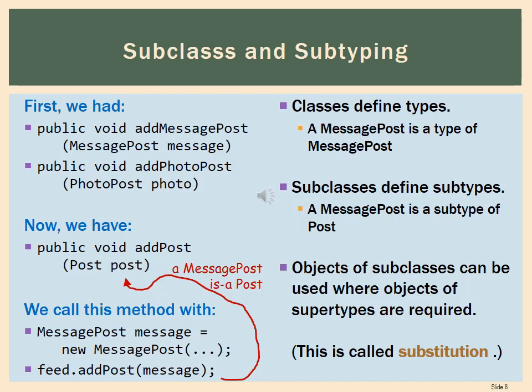And we said those arrows meant is a. That's how we read them. So because a message post is a post, and because a photo post is a post, I'm allowed to call the add post method with any instance of the superclass or any instance of the subclasses.